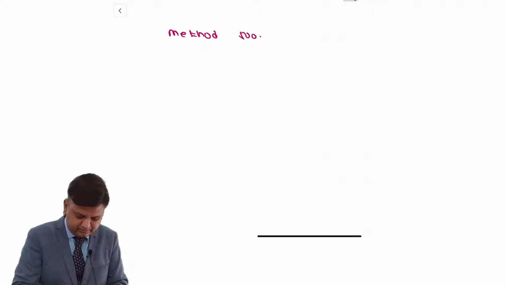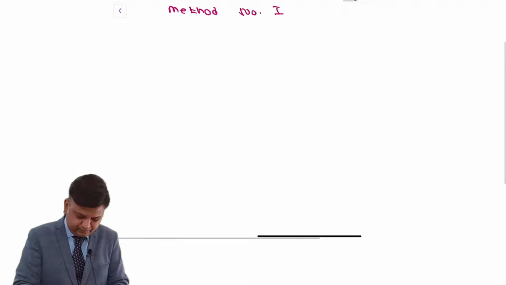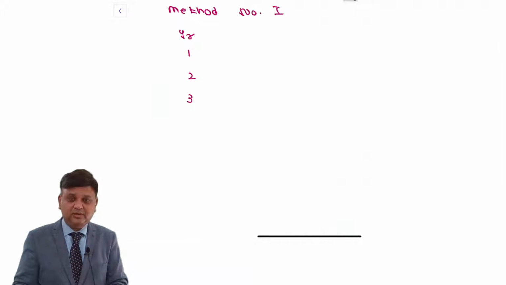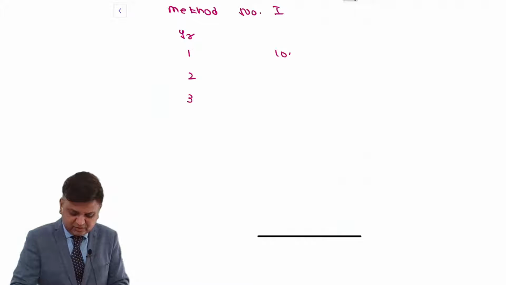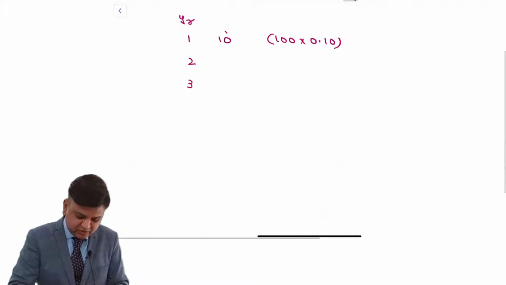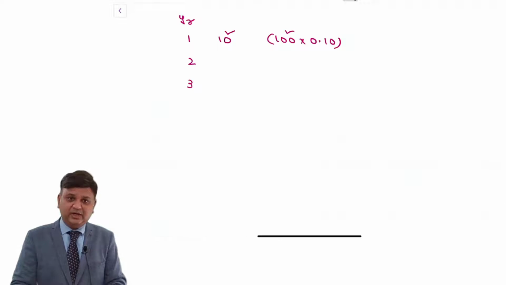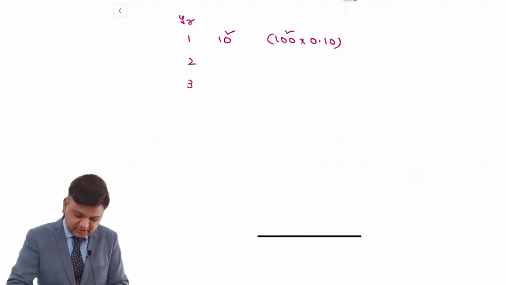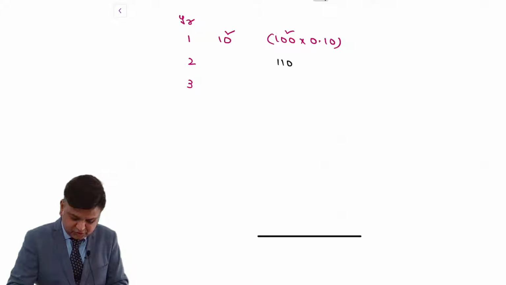Method number 1. We understand first year, second year, 3rd year. 100 rupees into 10%. In the first year you get interest of rupees 10. Then this 10 rupees of interest will be added to 100 to compute interest for the next year. So it is 110 into 10%.